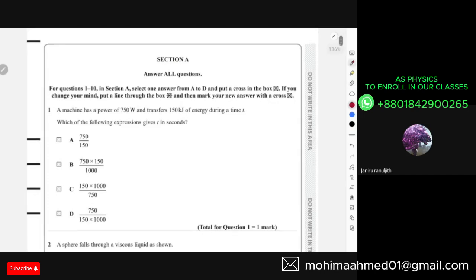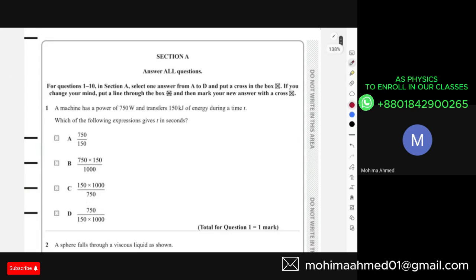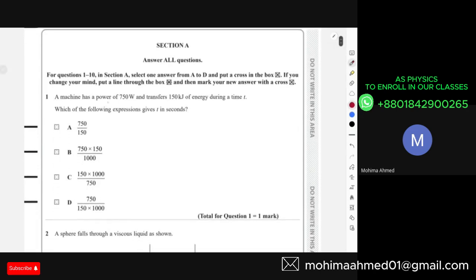Okay, then for question 1, section A: the machine has a power of this much and transfers this much energy during a time of t seconds. Which of the following expressions gives the time t? We just have to find the time. This is power and this is energy. We're using the equation power equals energy over time. Rearranged, it becomes time equals energy divided by power.